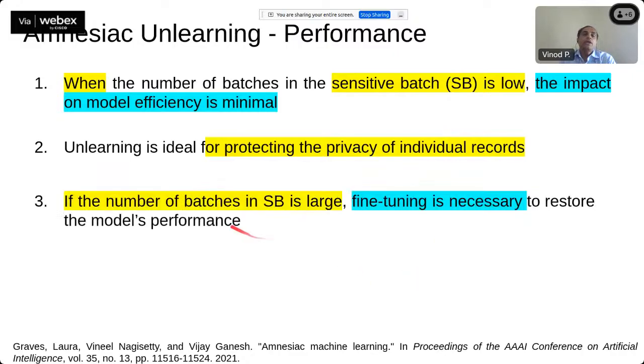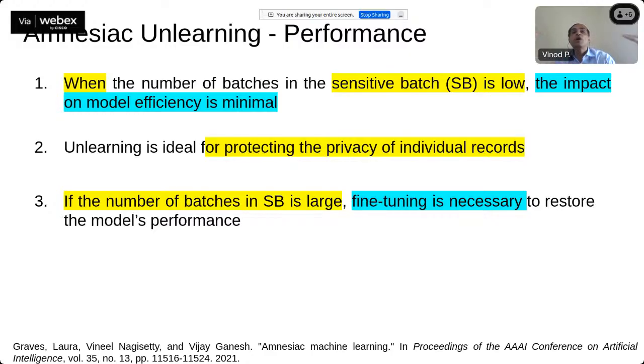On the contrary, if the number of sensitive batches is larger, then as I said, there will be aggressive changes in the model parameters. So in that case, the utility or the fidelity of the model will go down.